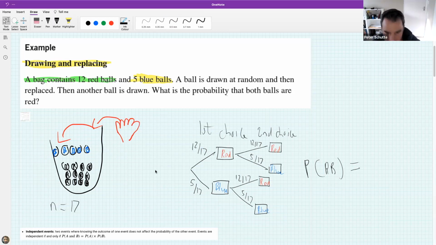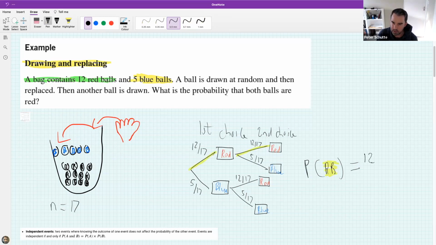And we did a little bit of this in the last lesson. What do I need to calculate the probability of getting red and then red? Okay, you multiply along the branches of the tree that conform to this outcome. So what is the answer going to be?